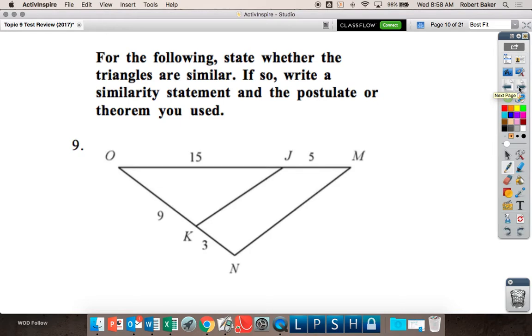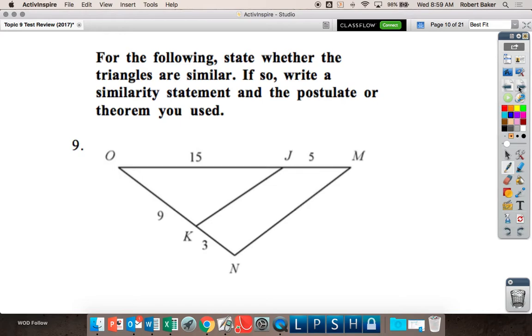Are these triangles similar? If they are, tell me what you used. Now this question can be uber difficult because there's like 4 different answers. JJ says side splitter.